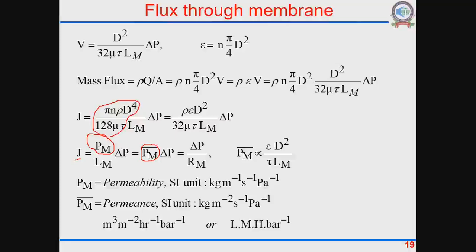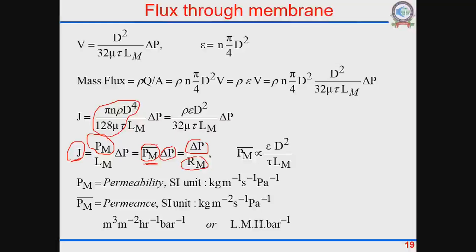This is very much like our mass transfer or heat transfer, where we write the rate as a function of driving force and a mass transfer coefficient or a proportionality constant, or we can even think of this as flux being proportional to driving force divided by resistance of the membrane, very much like our heat and mass transfer concepts.